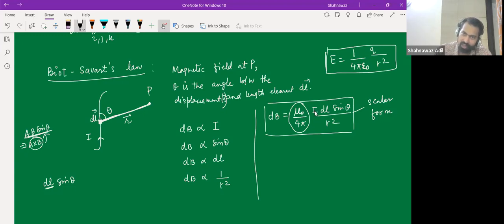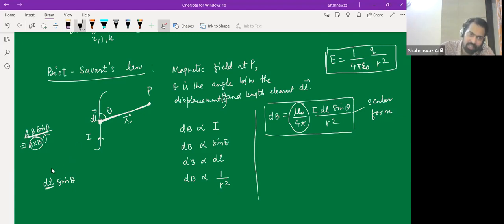Is I a vector? Is current a vector quantity? Yes, Aisha and Mariam, is current a vector quantity? No, sir. Right? It is not a vector quantity.